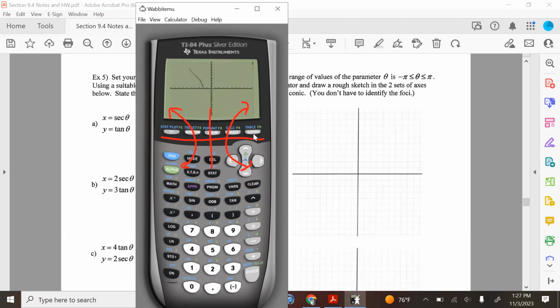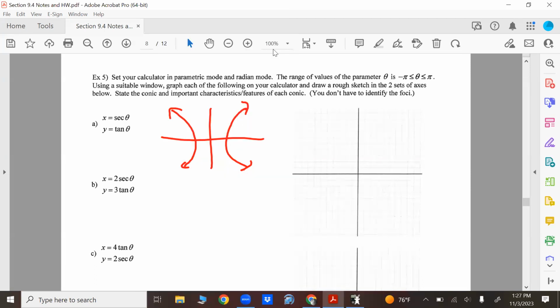And graph. So now we see that it actually is going to be at 2 and negative 2 for the vertices on the x-axis. So these are at 1. And these will be at 2 and negative 2.